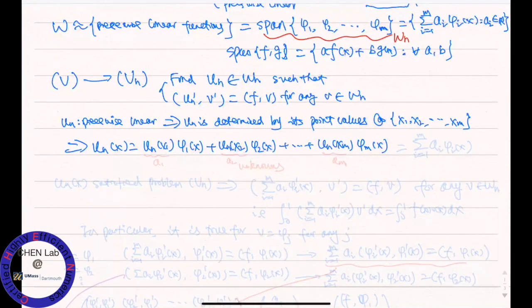So finding U_H in such a space W_H is equivalent to finding the point values of U_H at those nodes.